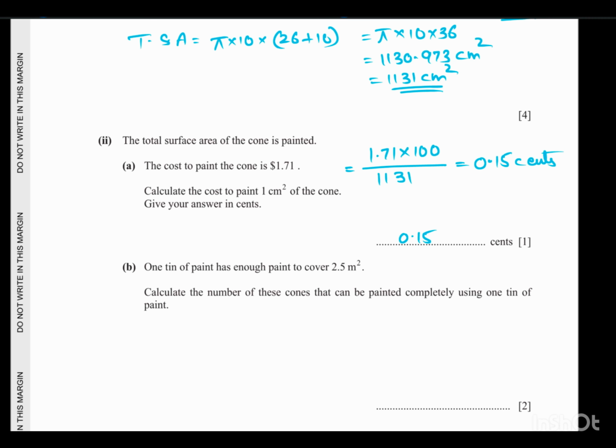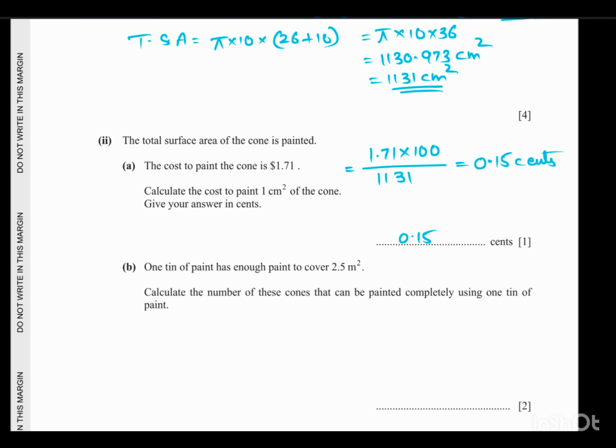Question number B. The 1 tin of paint has enough paint to cover 2.5 meters square. Calculate the number of these cones that can be painted completely using 1 tin of paint. So we need to calculate the number of these cones.